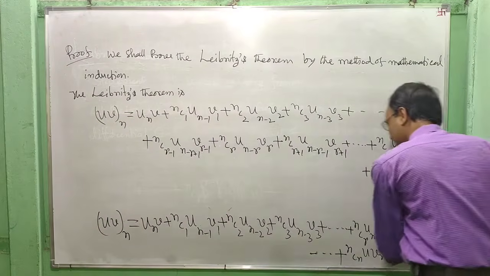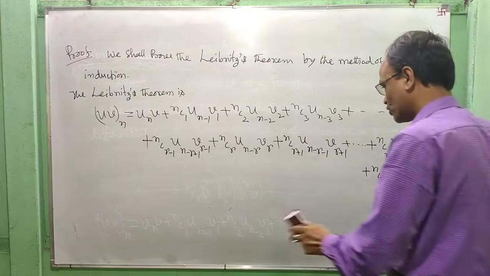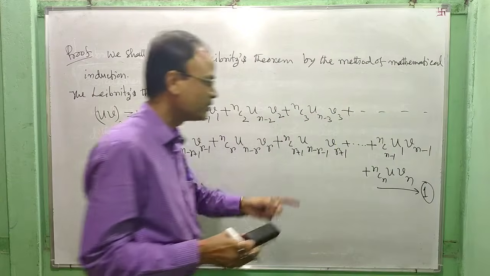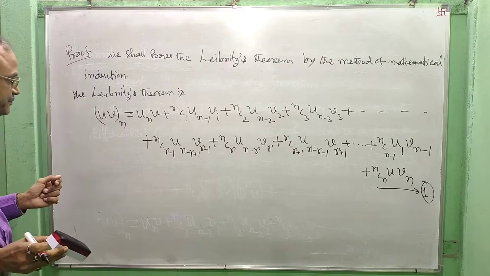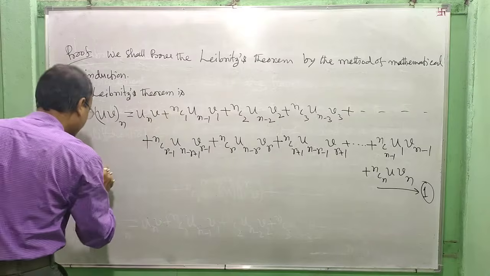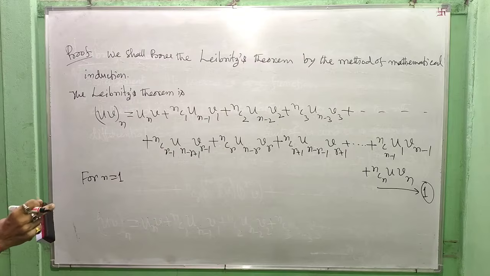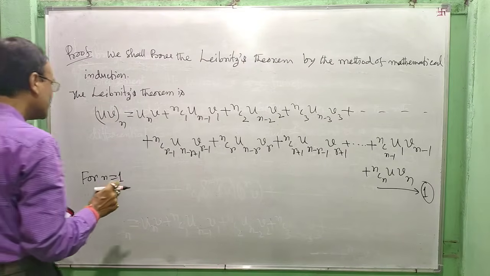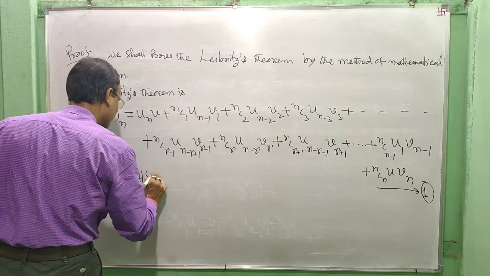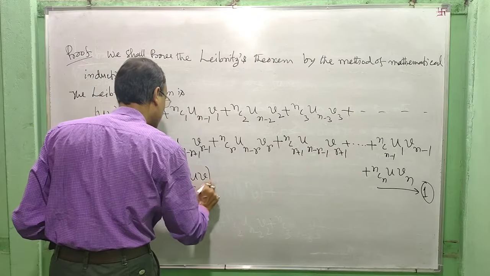We shall prove the Leibniz theorem by the method of mathematical induction. Suppose this is number 1. Now, for n equal to 1, the left hand side of 1 is equal to (uv)1.